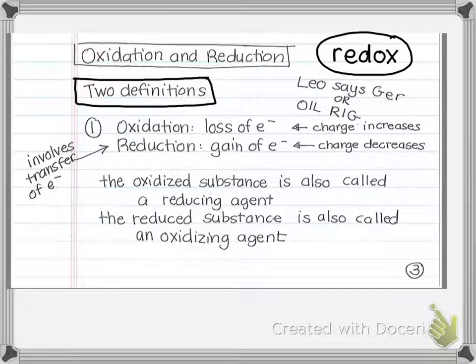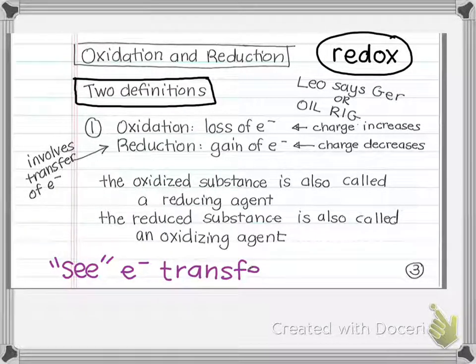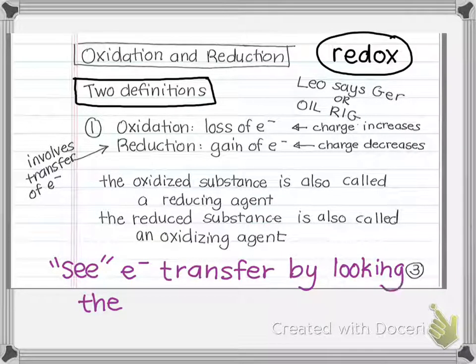Now, of course, we can't literally see the electron transfer, but how we can see it is by looking at the charges of the reactants and the products. So we're going to use the charges of the ions.